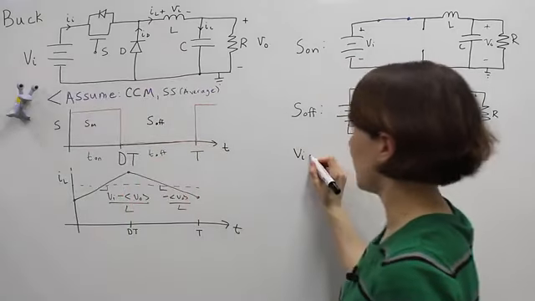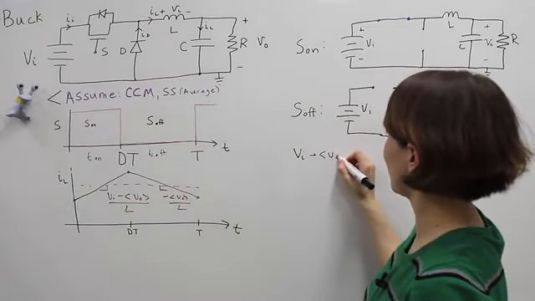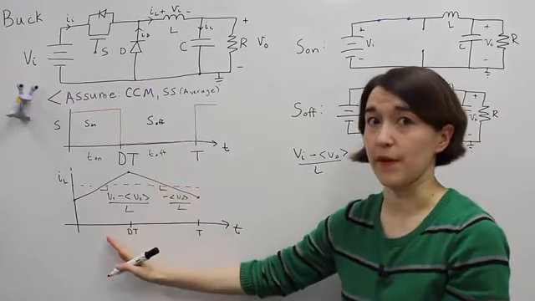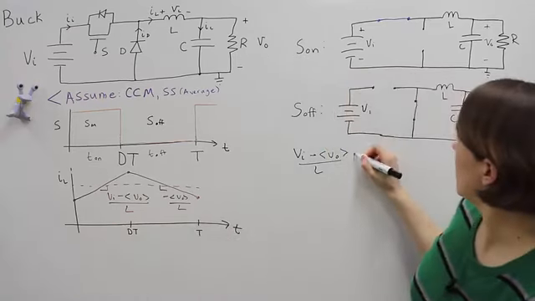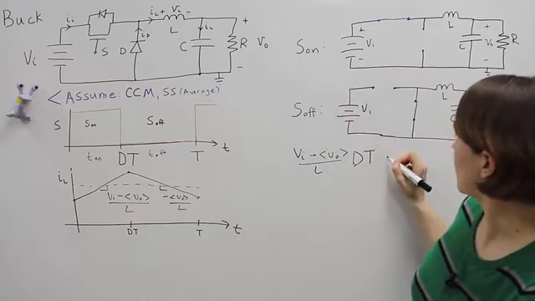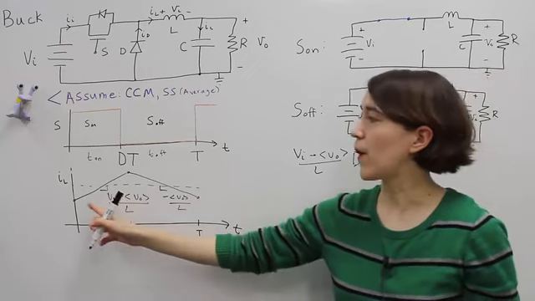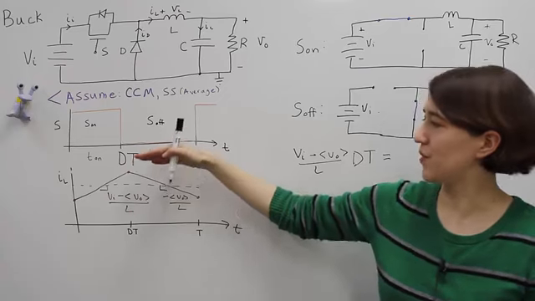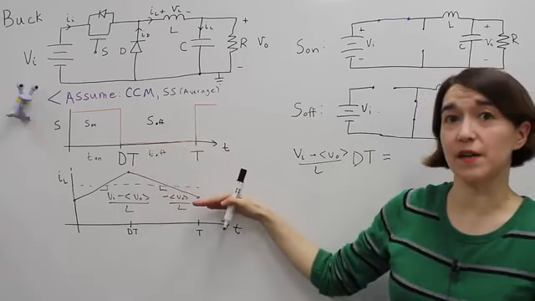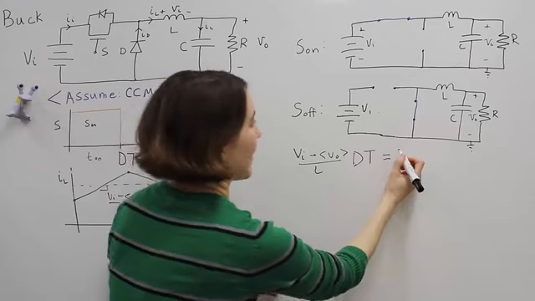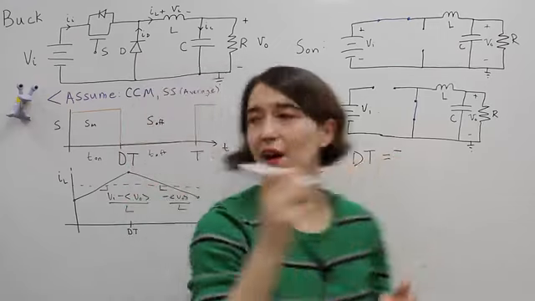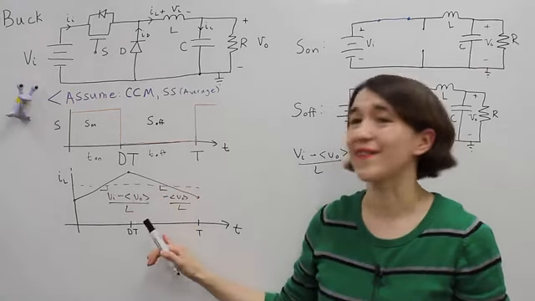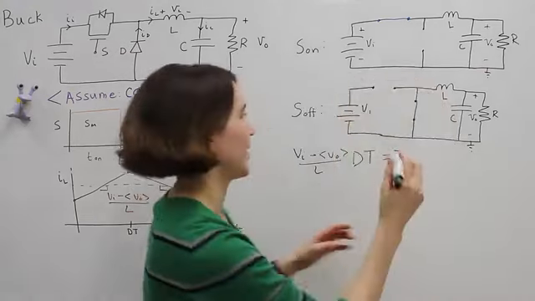V in minus the average V out over L, so that's this slope, times this time period, which is just D times T. And then we know that this rise has to be equivalent to the drop here. We are going to take a negative here and look at this decrease in the current over this second time period. So here's the equation.